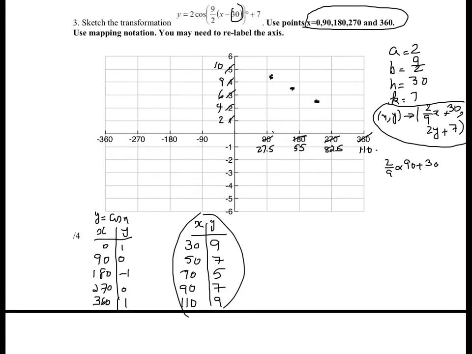Then it's going to be 90 and 7, somewhere around here. And the last point is 110 and 9, which is going to be around here. So our graph is going to look like this curve.